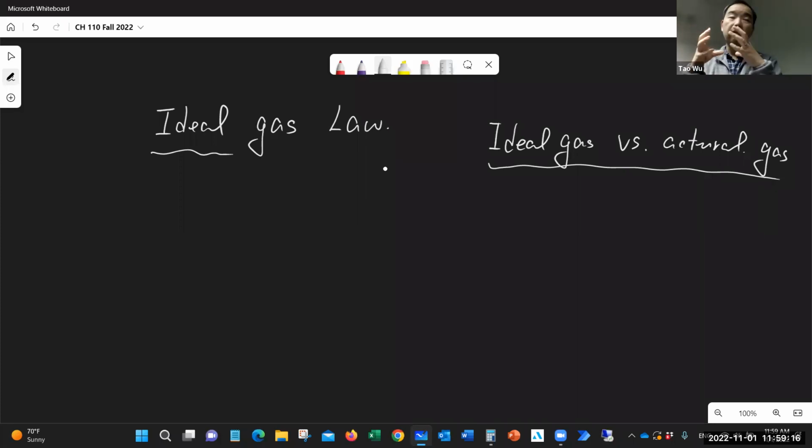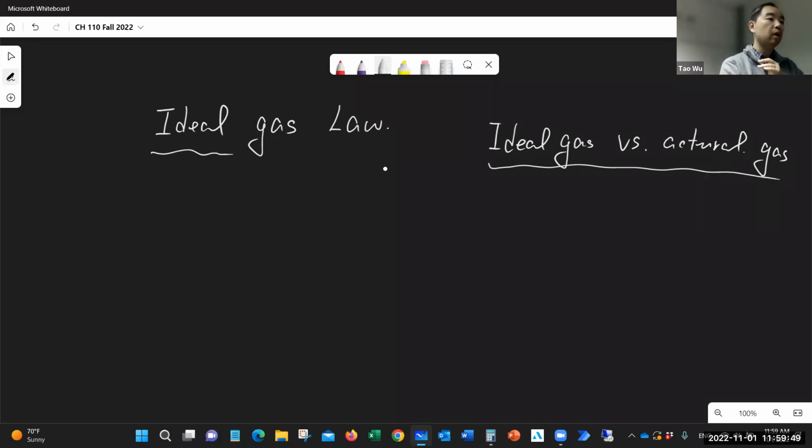They have really high pressure inside the engine, so they do have interaction. The molecules have a really narrow space between each other, so the intermolecular force will have much more effect. That is why the ideal gas law is not suitable in that case.